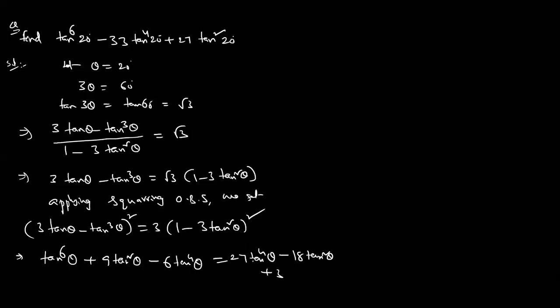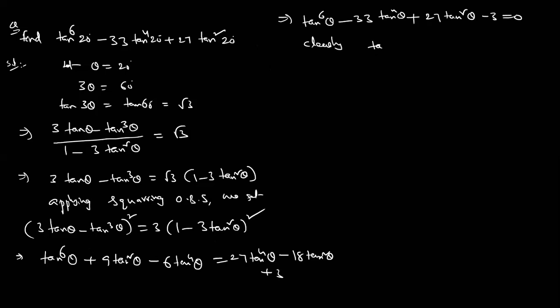Plus 3 is coming. So dear students, each and every term transpose this side. What you are getting? Tan power 6 theta minus 33 tan power 4 theta plus 27 tan square theta minus 3 is equal to 0.